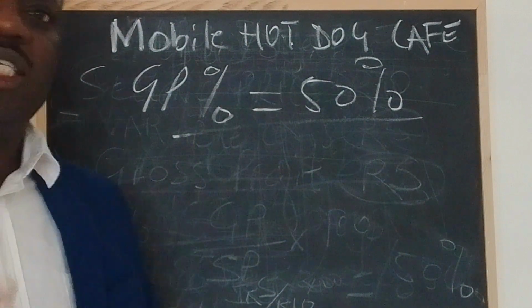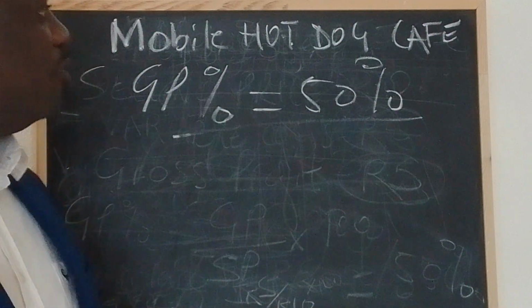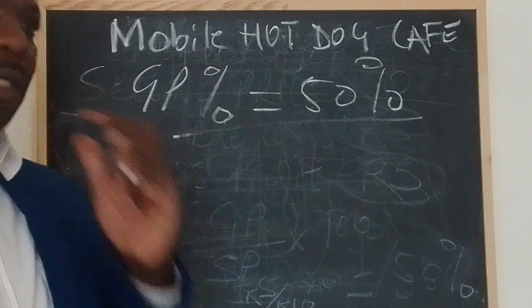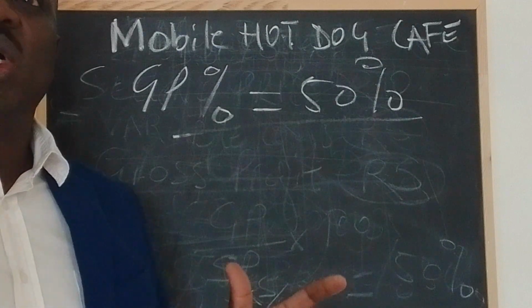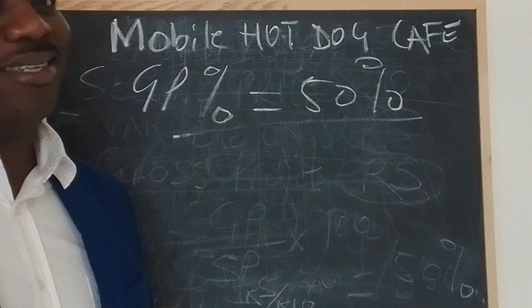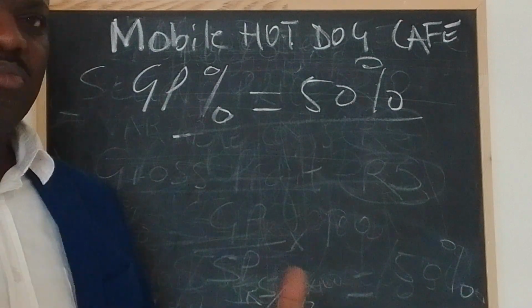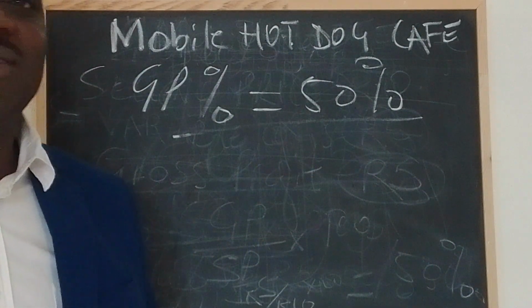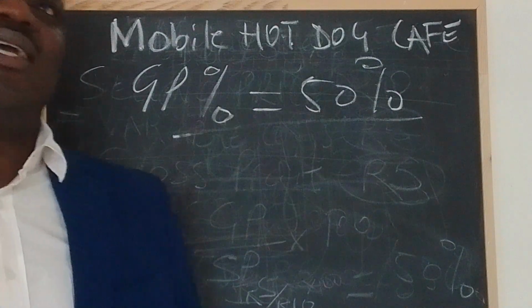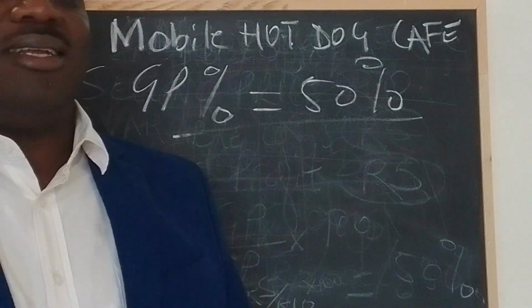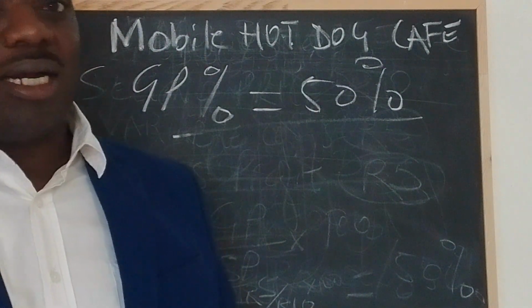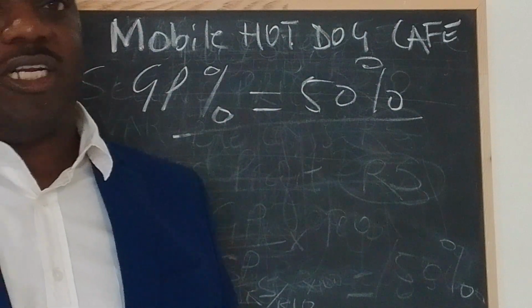It helps you do that, but in addition, the gross profit percentage also helps you. Let me give you a little test. Suppose you are selling 100 dogs a day, around about 100 dogs on average per day.